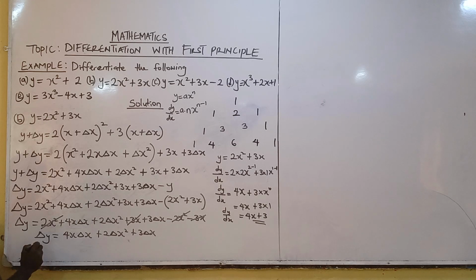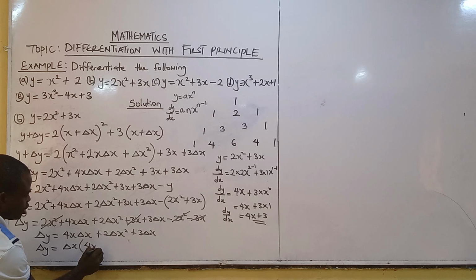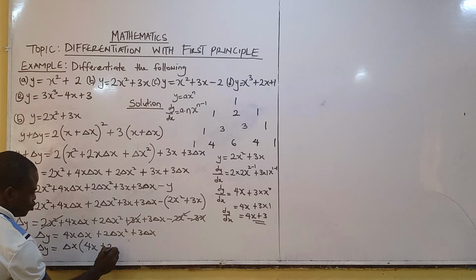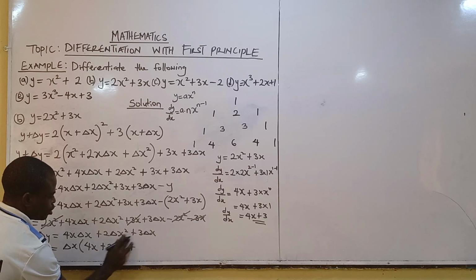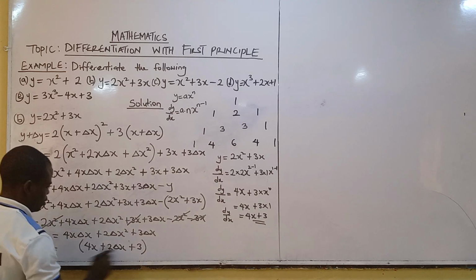Let's factorize dx out. dy equals dx, open bracket, 4x, okay, plus 2 dx, there will be 1 dx because 1 is already out, 2 dx plus 3. Is that okay? If you like, you can put dx here.